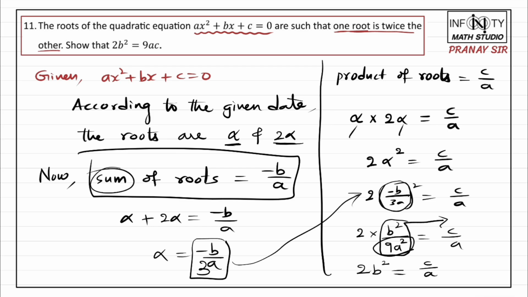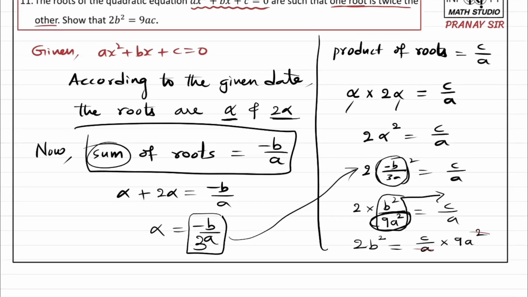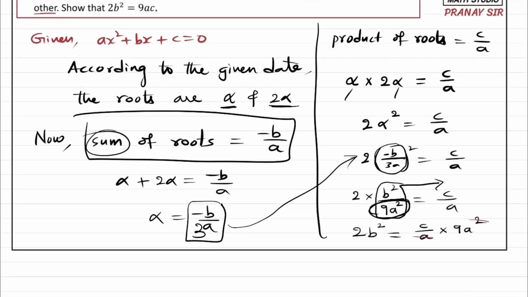Here divided by 9a square becomes multiplied by 9a square. So simple cancellation. Okay. Right. So next we are left with 2b square is equal to 9ac. That's all. This is the statement that we have to prove.